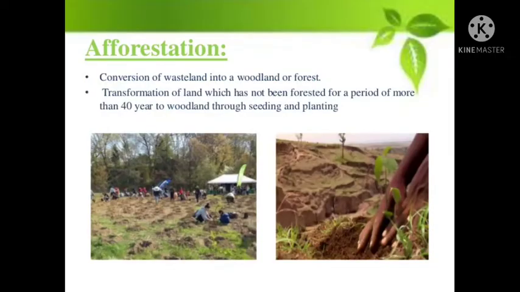Students, the only solution to save the land is that we have to follow some conservation processes. Students, can you tell me some solutions? How can we conserve the land? Students, the first and the biggest one is afforestation.